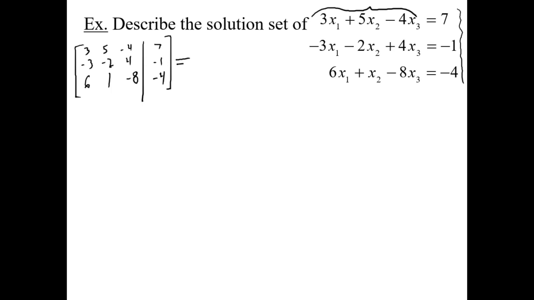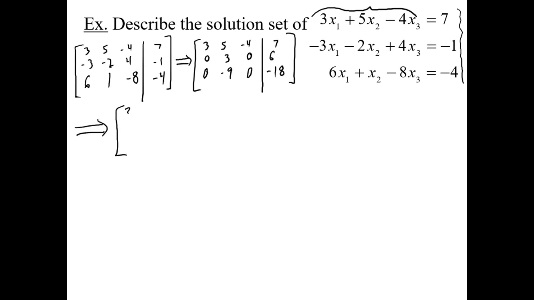So at least I don't have to make those kinds of decisions. I just have to do the work. So the top row is fine. If I add the first and second rows, I get 0, 3, 0, 6. If I do negative 2 times the top plus the bottom, I get 0, negative 9, 0, negative 18.